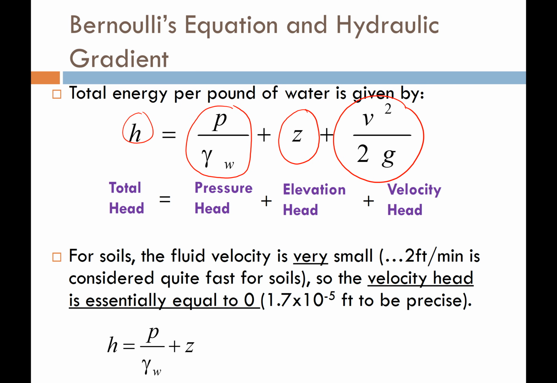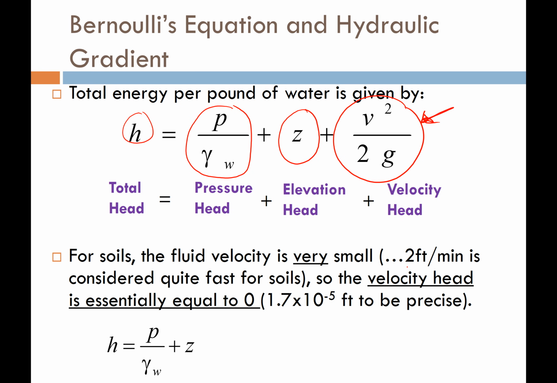So in soils, we're going to simplify this equation down a little bit. If you focus on the velocity head for a moment, you'll see that in soil, fluid flows around soil particles very, very slowly. And it has to because there's so little pore space.